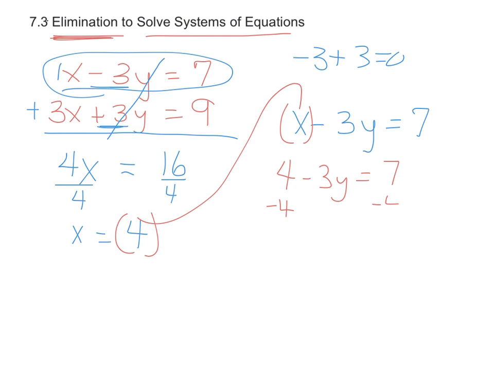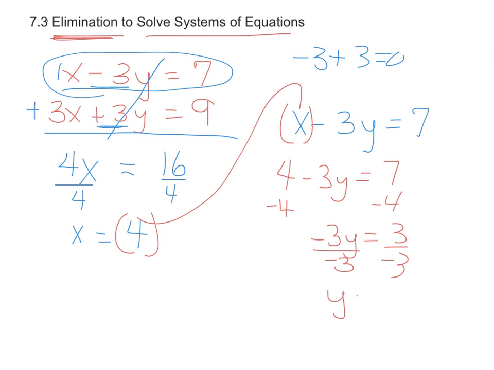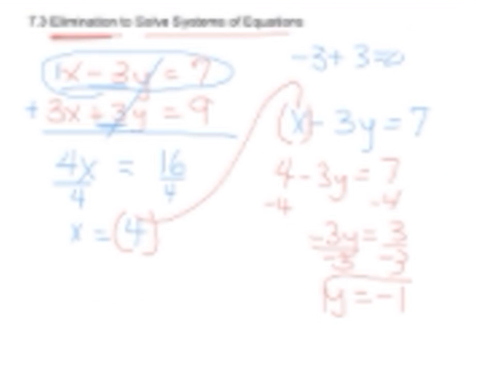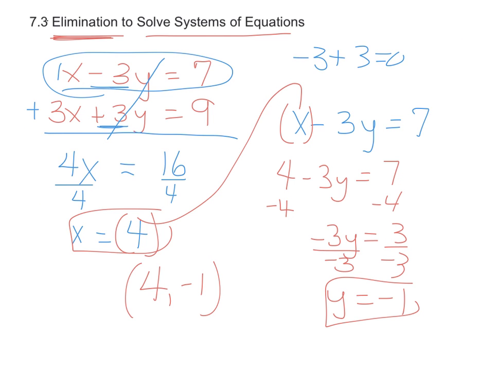Subtract 4. Negative 3y equals 3. Divide by negative 3. And y equals negative 1. So I have found my x and y. X is 4, y is negative 1. And when it is set up this way to do elimination, it's nice and easy.